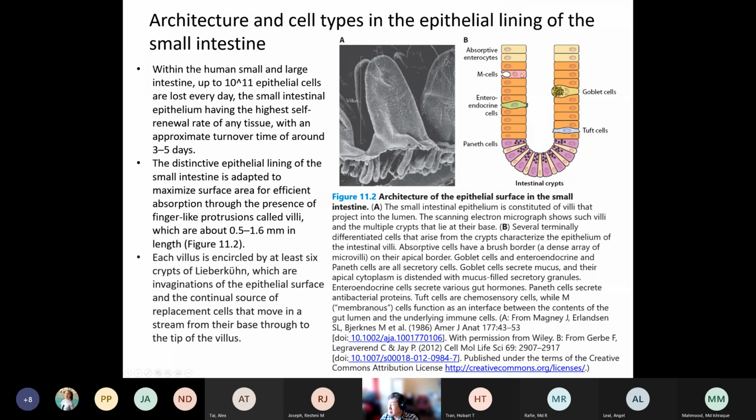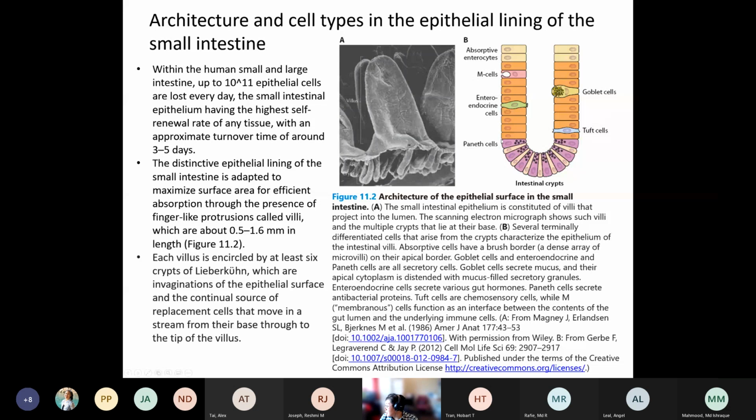So this M cell is important for immune reaction. You don't have to pay attention to these special cell types, because for the cell replacement, it's mainly about the absorptive enterocyte. But of course, the other cell types are generated from the stem cell as well.